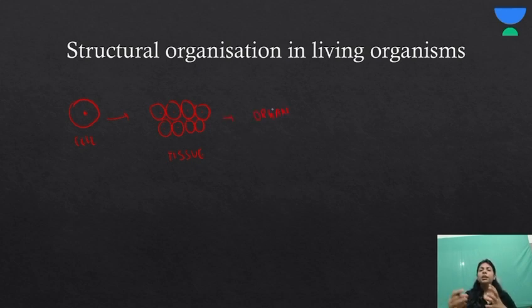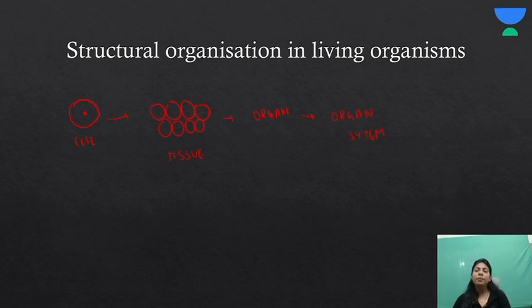Now, many tissues combine and they form an organ. Organ means the various organs in your body. If you consider human beings, you have liver, stomach, heart, kidneys, lungs, etc. And every organ has its particular function. Now, many organs combine together and form the organ system. Organ system means you have lots of systems working inside your body like the circulatory system, respiratory system, excretory system.